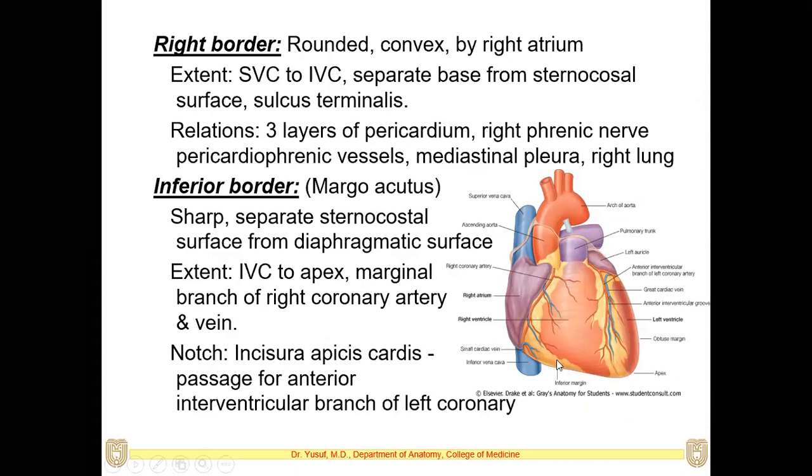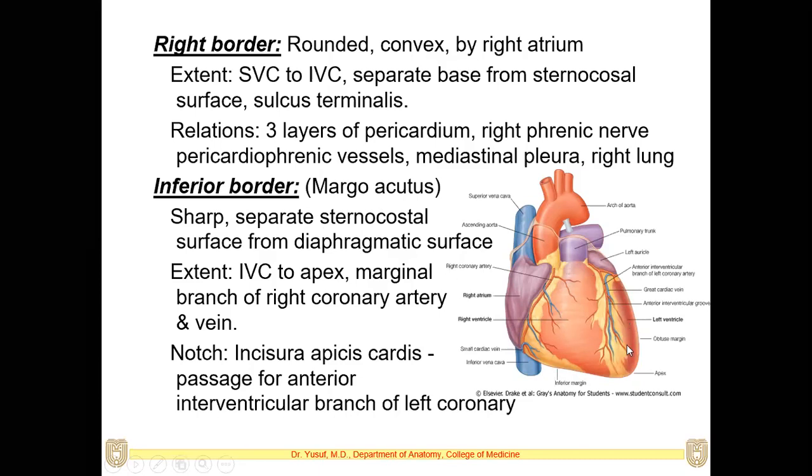Now coming to the inferior border, here is the inferior border. So this is the inferior border, also called the margo acutus. Okay, so this border is very sharp, as you can see when you see it actually in the lab. You try to see especially this inferior border, which can be seen as a well demarcated sharp border, separating the sternocostal surface from the diaphragmatic surface.